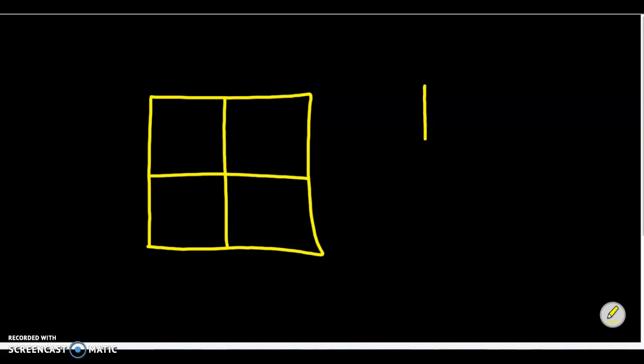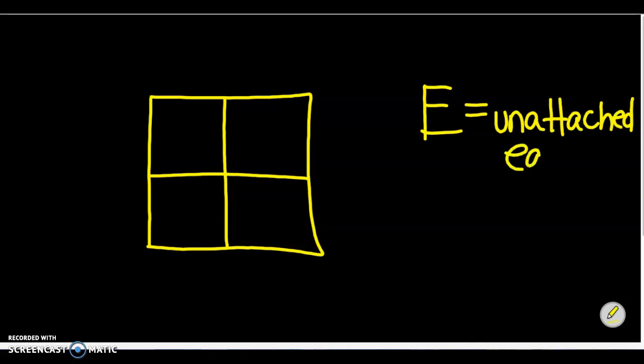So we're going to let capital E equal our unattached. Okay, and then we're going to let lowercase e represent our attached earlobes.